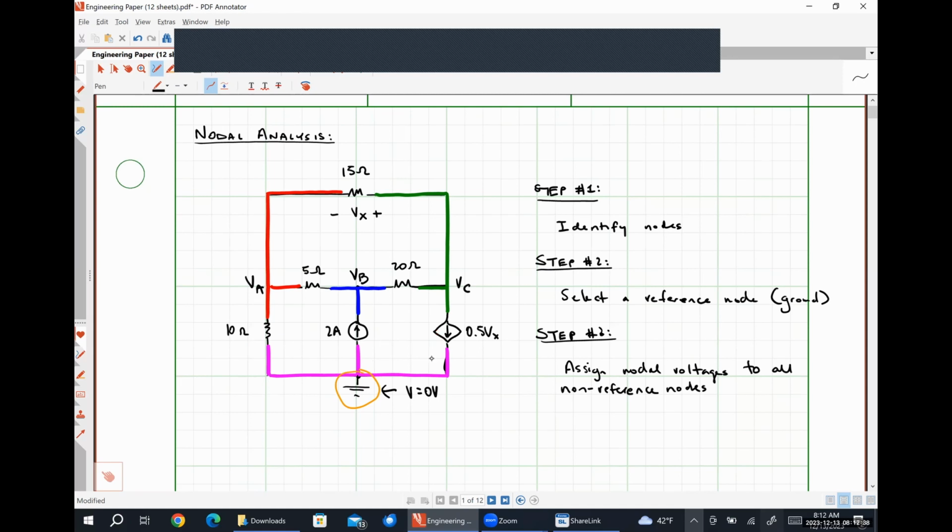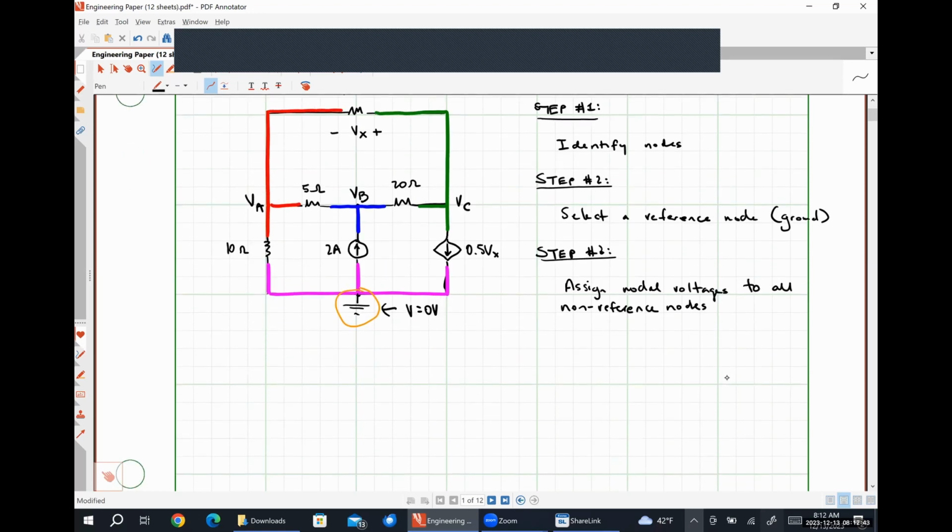All right. So now we are into our analysis. So step number 4. We are going to perform Kirchhoff's current law at each non-reference node.